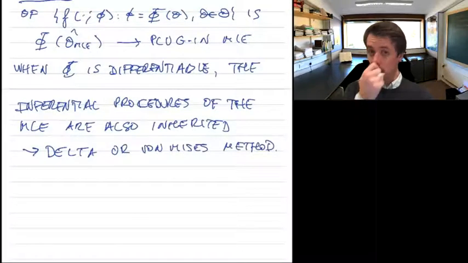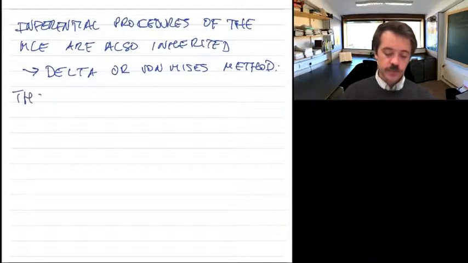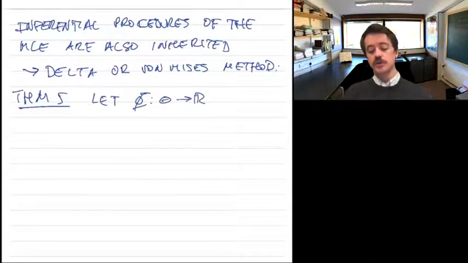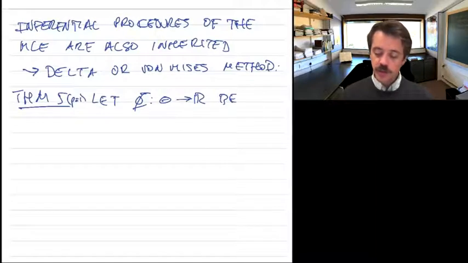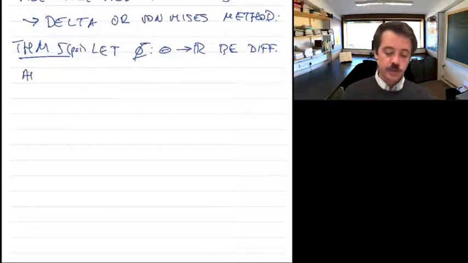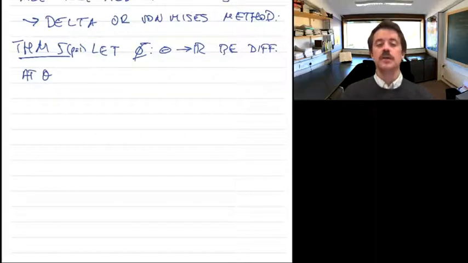Okay, so what does it say? Well, let's begin. Theorem 5. So we have our functional of interest, and I'm going to state this for one dimension. So let this function be differentiable at some theta, or maybe some theta naught, if you like.